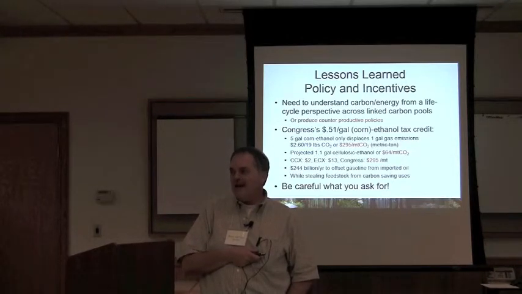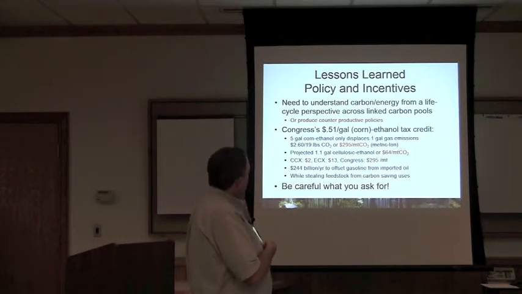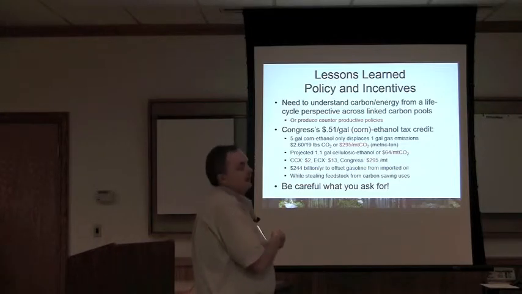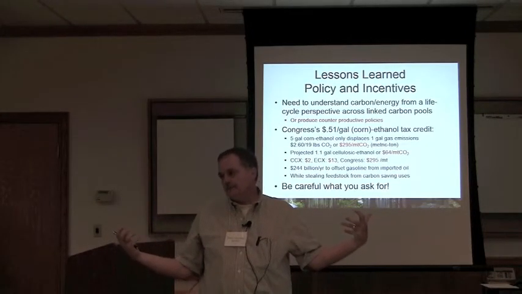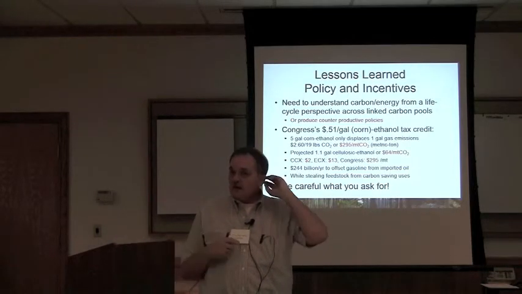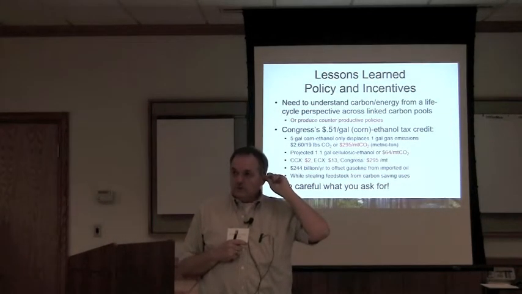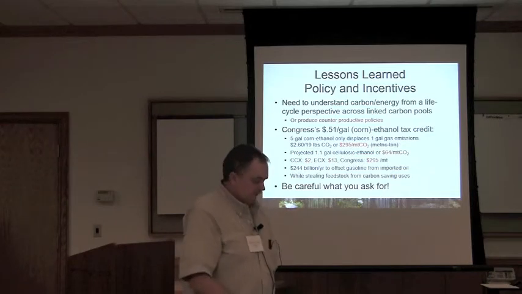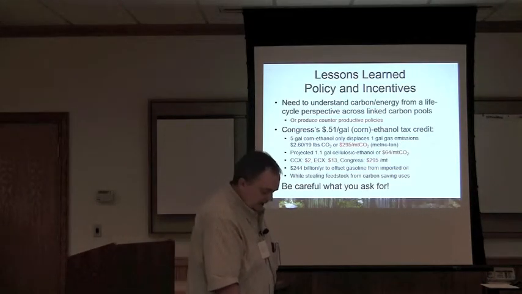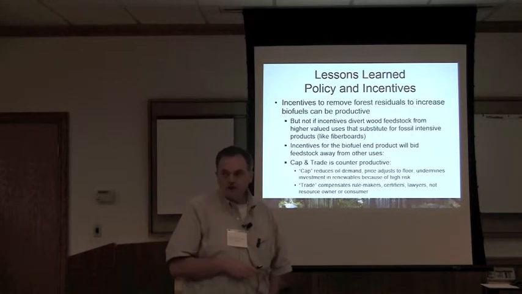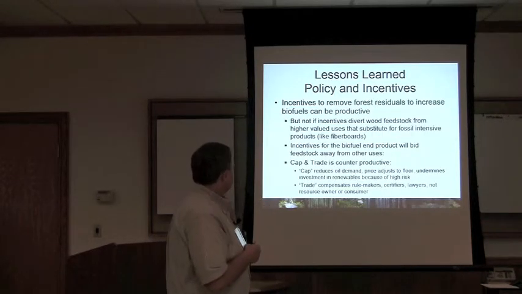We're overpaying per ton of carbon. Now that resulted because we only looked at one pool of carbon. We didn't look at how everything's related. And that's a danger when we don't look at a broad analysis. So be careful what you ask for. In many cases, that's not terribly a good thing to have asked for.